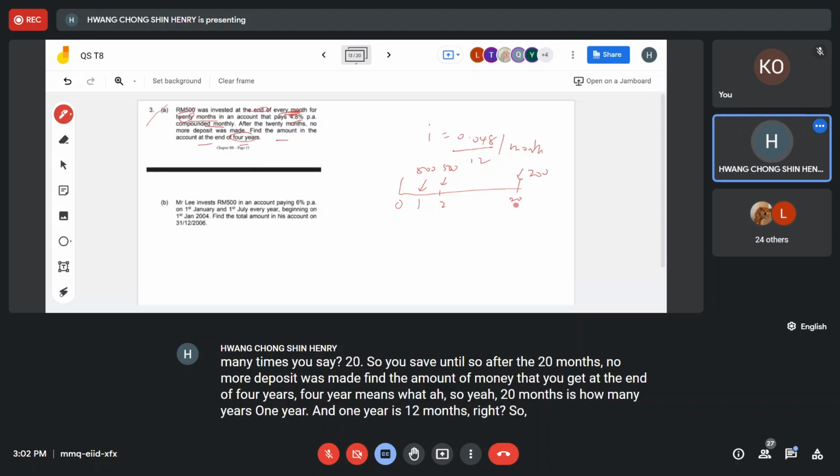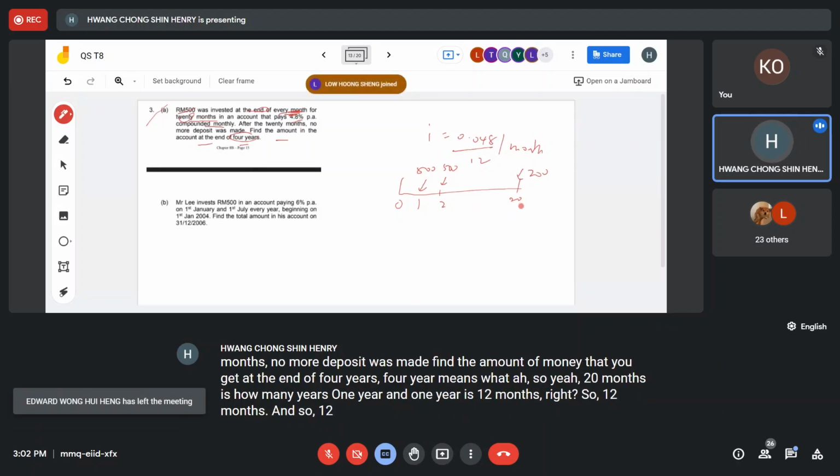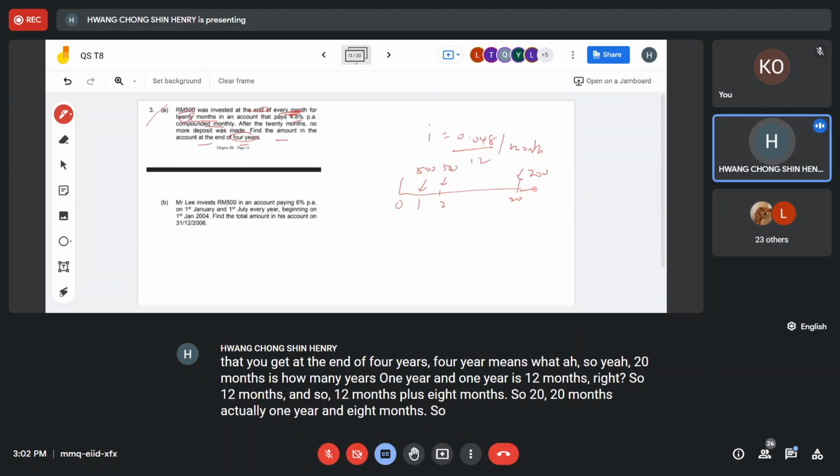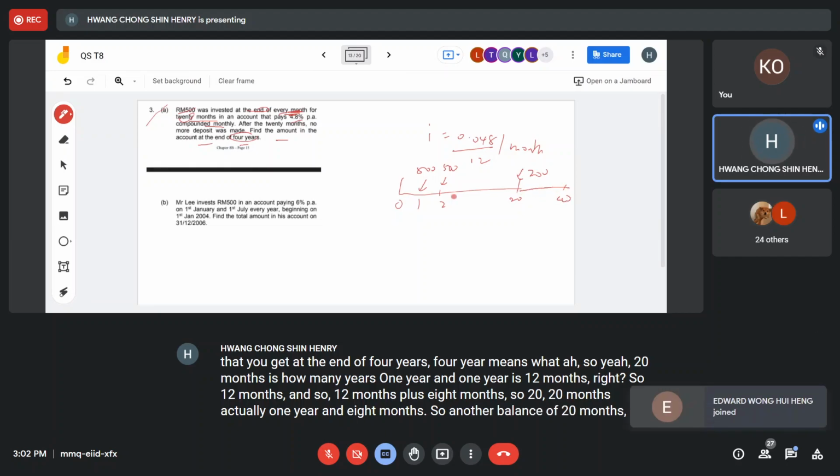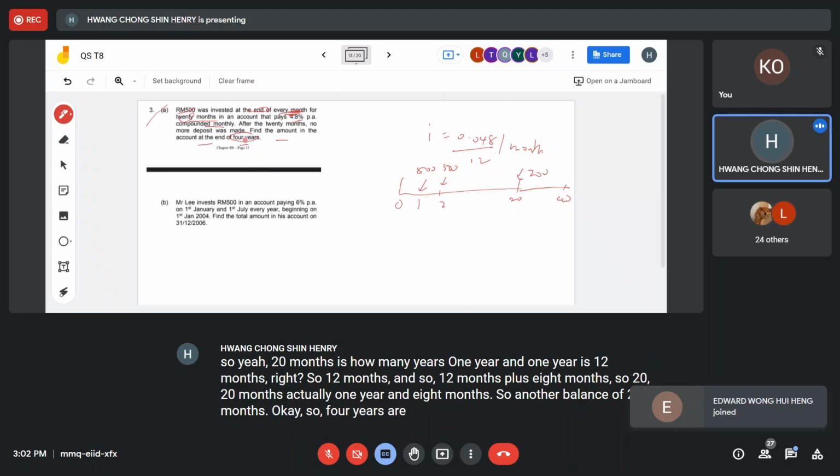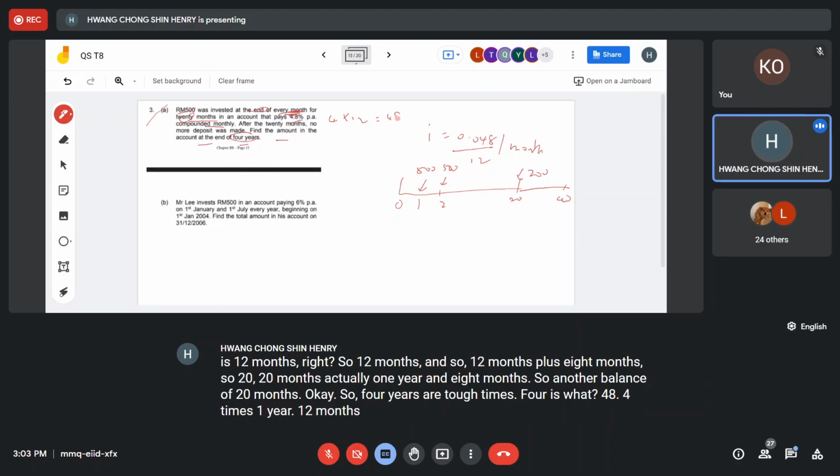So 12 months plus 8 months. So 20 months is actually 1 year and 8 months. So 4 years, 12 times 4 is what? 48. So it's actually 48 months. So from 20 to 48 here.